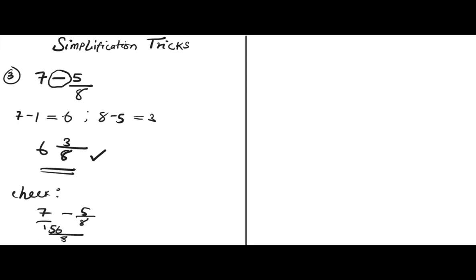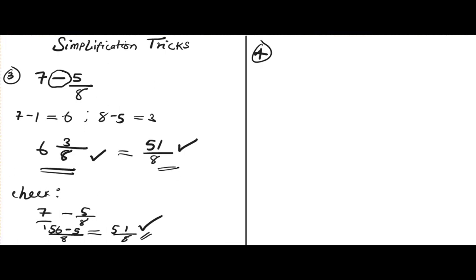So we have 8 divided by 8, and we have 1. 1 times 5, so we have 5. So we have 56 minus 5, which is equal to 51 over 8. Now let's convert this to an improper fraction. So we have 8 times 6, we have 48. 48 plus 3, so you have 51 all over 8, which is correct, and this is also correct.